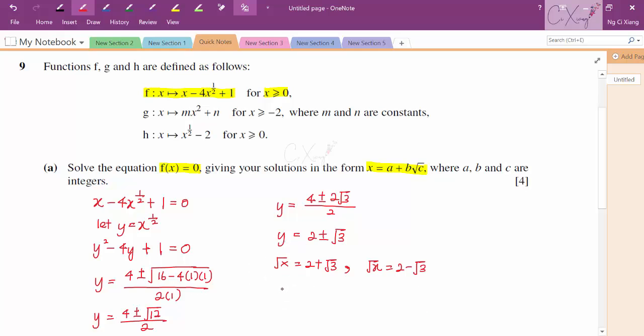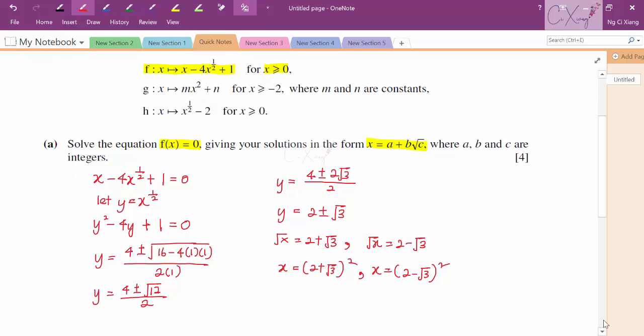I want the value of x, therefore I square both sides. So x equals 2 plus square root 3, squared, and x equals 2 minus square root 3, squared. Expanding, I will have 4 plus 4 square root 3 plus 3, and for the second, 4 minus 4 square root 3 plus 3 as well.